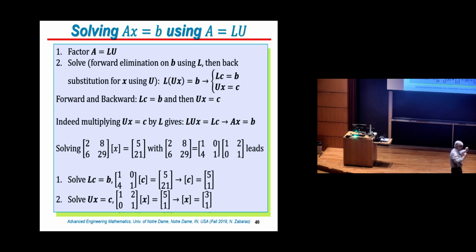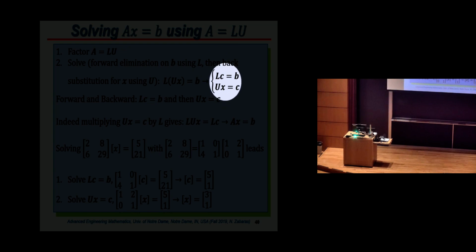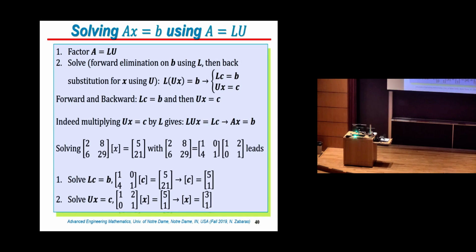And why do I call them simple? What is particular with these systems of equations? Because L is what matrix? Lower triangular, so you can solve LC equal to B by what? If I give you a lower triangular matrix, L times C equal to B, what is the procedure to solve it?